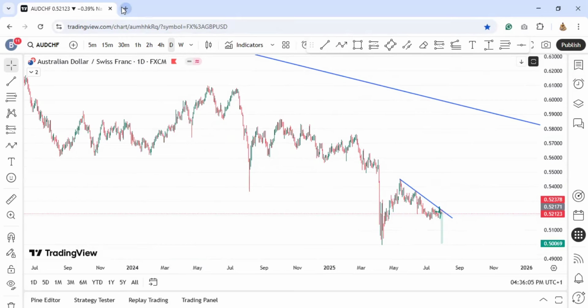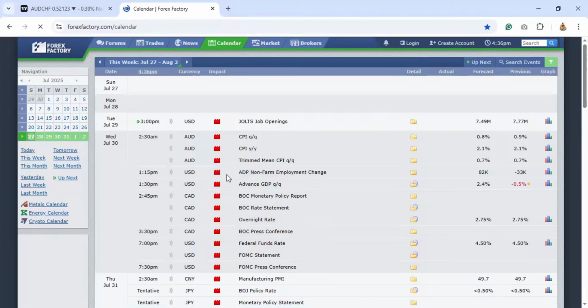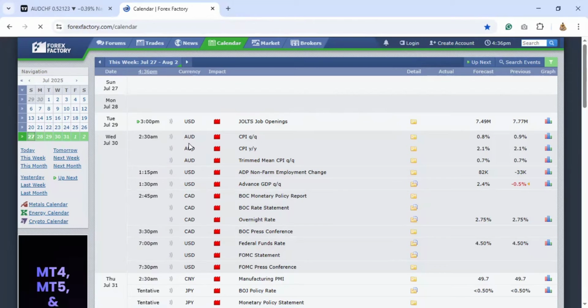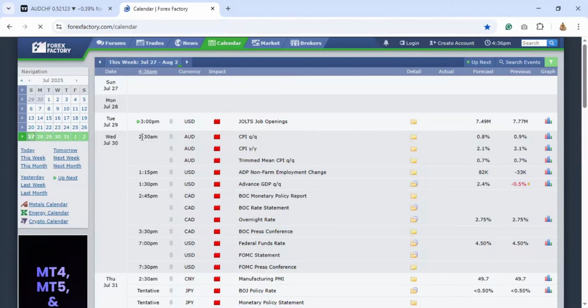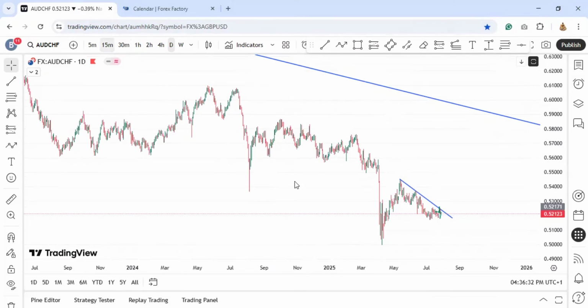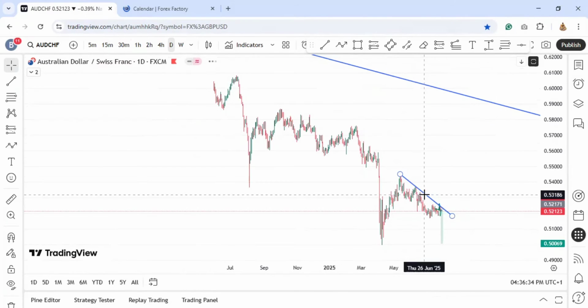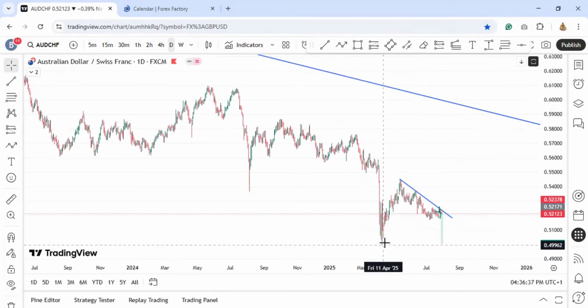Mind you, when you go to your Forex Factory, there will be CPI for AUD this week, the same way there is for dollars, FOMC, and NFP. So for AUD, we have CPI, and I believe by this time on Wednesday, that will be on Wednesday 2:30 a.m. here UTC plus 1, that may likely be the news that will push this market to clear this low.